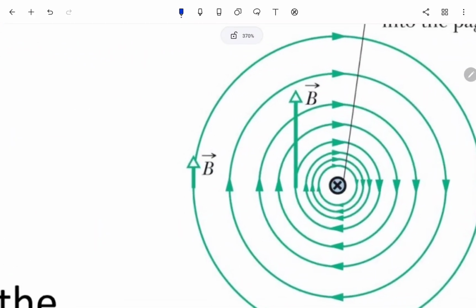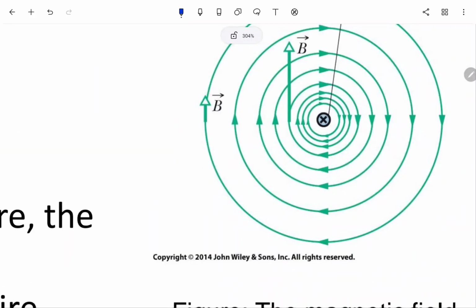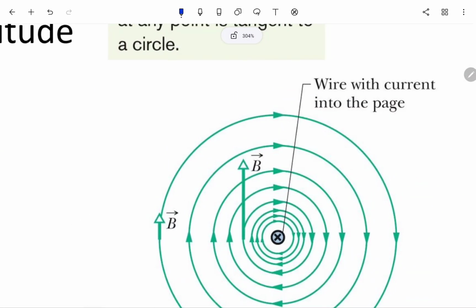Here it is just expressed as this dot with a cross, which means that the current is going into the page.